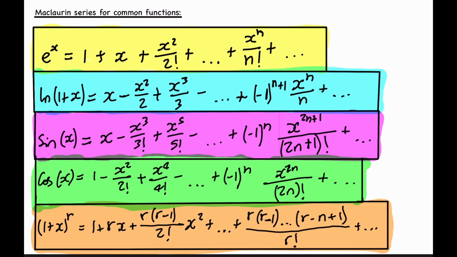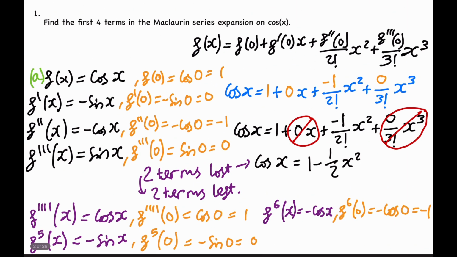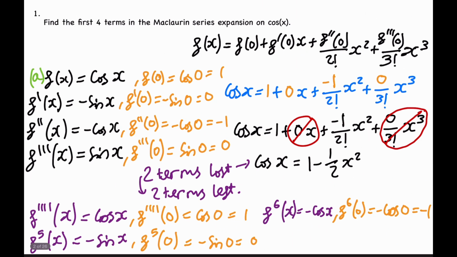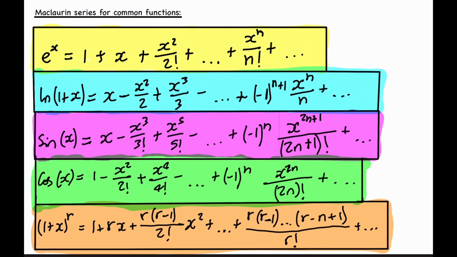So as you saw before, the equation we saw over here is a Maclaurin series equation for all types of functions. And to skip the step of differentiating the function multiple times to find the coefficients of each of f of x, for example, we can just memorize the Maclaurin series for these common functions.